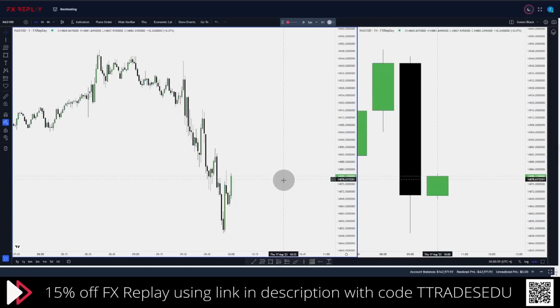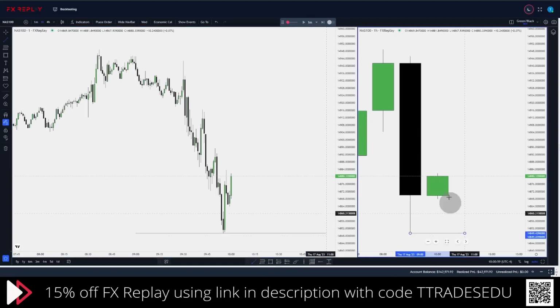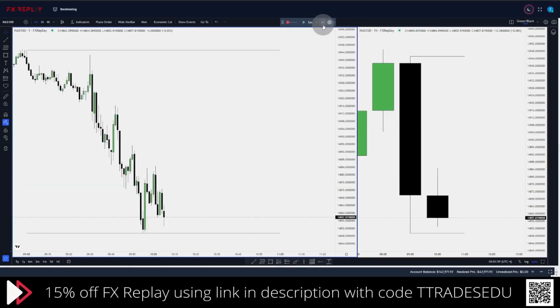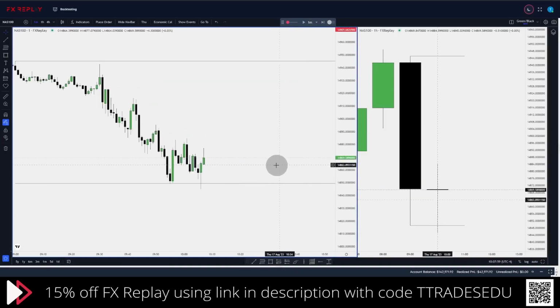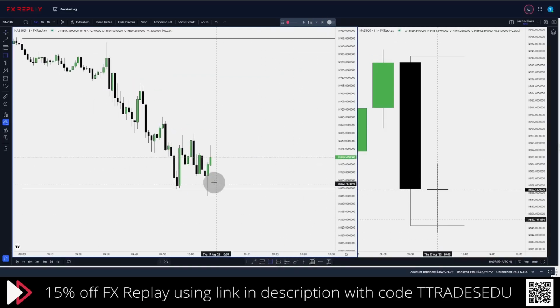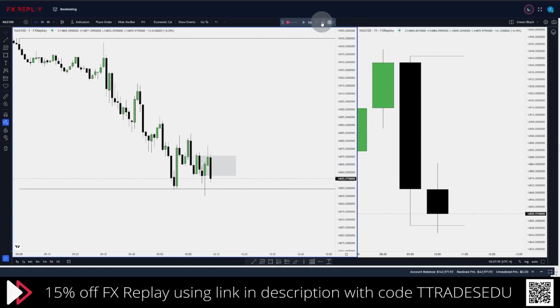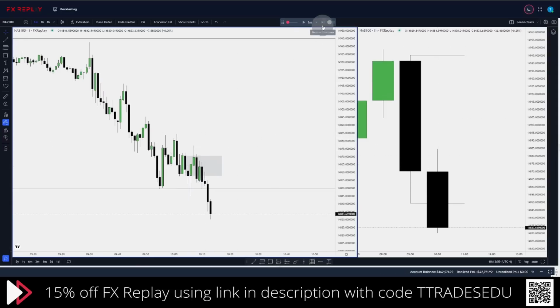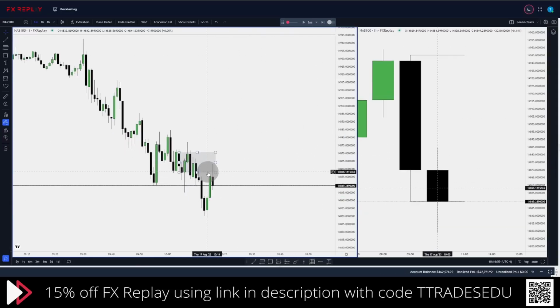So here we are on the 17th. Let's mark out the high and the low here. See what happens. So here we get a sweep. I'd want to see a nice close above this high here. Okay, no close above there. Didn't like that.